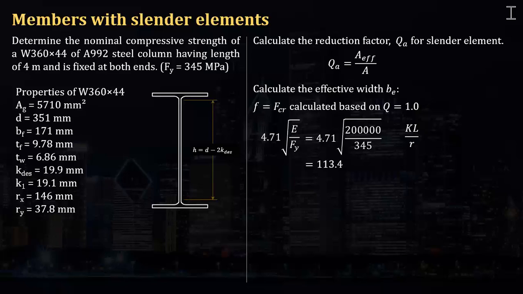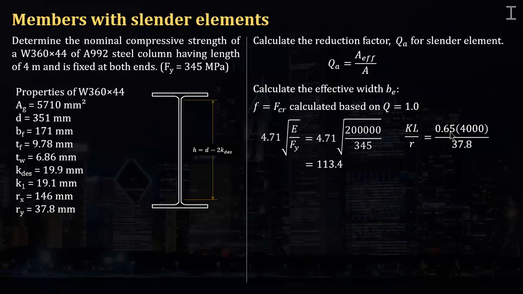Okay, so the KL over R is 0.65 times 4,000 over R. This R, of course, must be the minimum radius of gyration, because there is no bracing within the mid-height. Okay, so the unbraced length is 4,000 millimeters. And if you have noticed, I used K equal to 0.65.